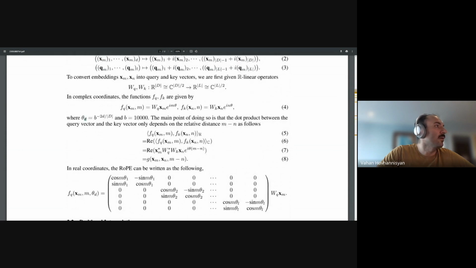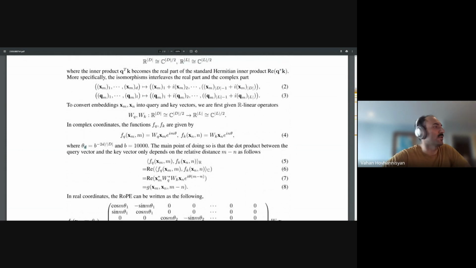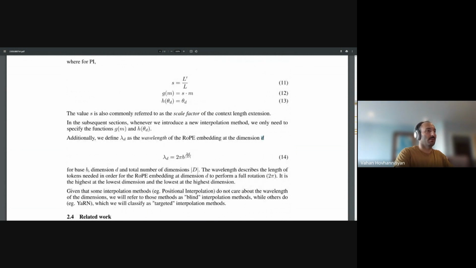They don't actually define d. We only have theta d, right? Well, what is small d? Let's try something. Dimension d, RoPE embedding of dimension d. Dimension of what though? I'm not sure dimension of what. I guess this is the dimension of the embedding.